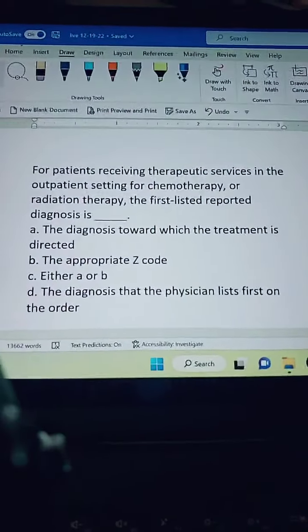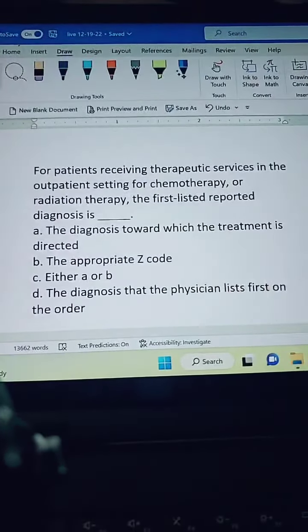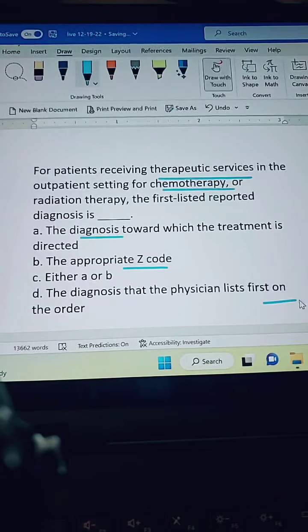What do you guys think is the answer for this one? I see therapeutic services. I try not to read word for word. Chemotherapy. Would I worry about a diagnosis, appropriate Z, or first? When I have chemotherapy patients, what should pop out at me?